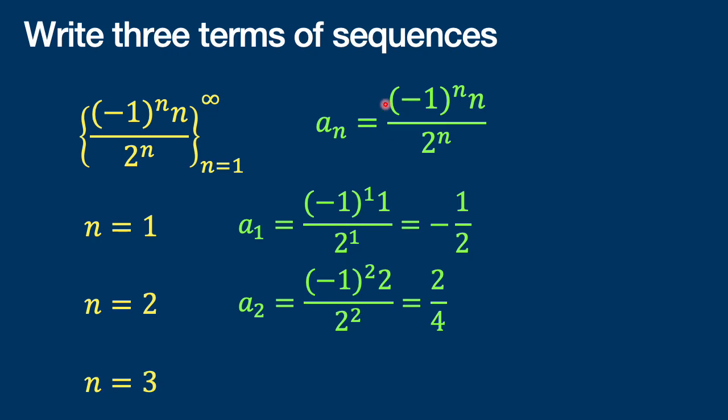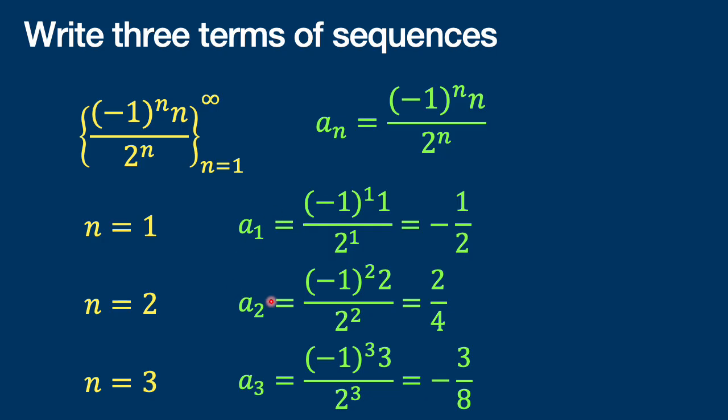Next one is n equals 3. a3 is (-1) cubed times 3 over 2 cubed. (-1) cubed is -1, times 3 is -3. The bottom is going to be 8.